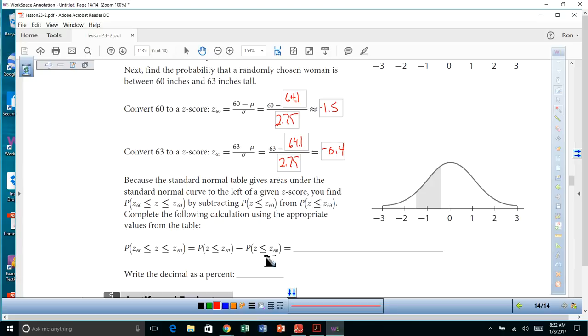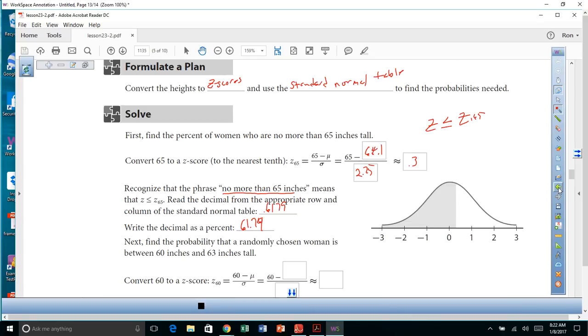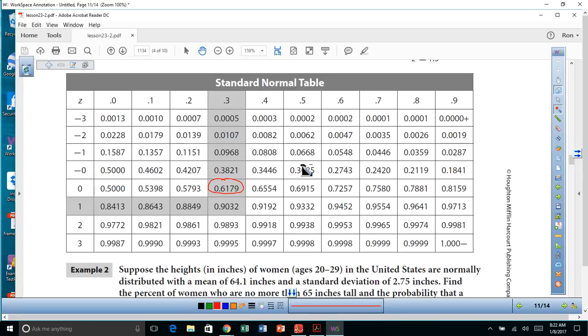So we need to find negative 0.4 and negative 1.5. Let's see here. Negative 1.5 is going to be right here.